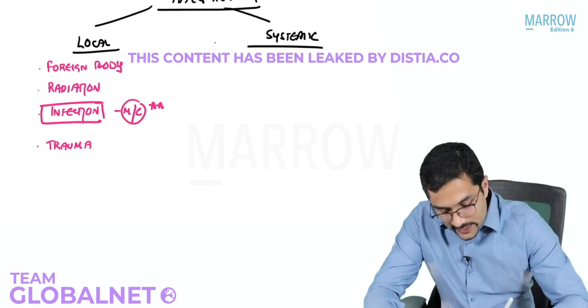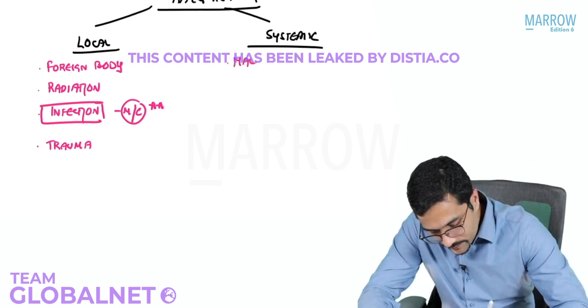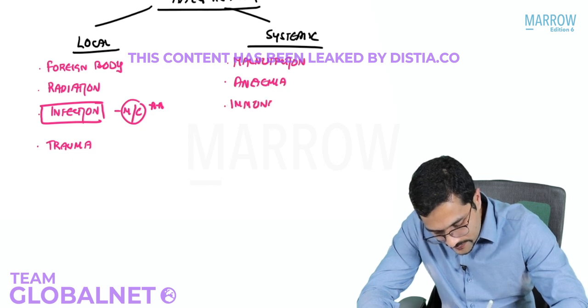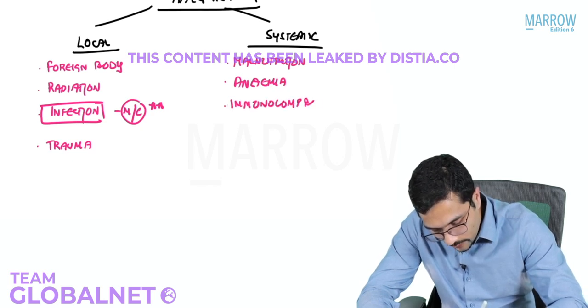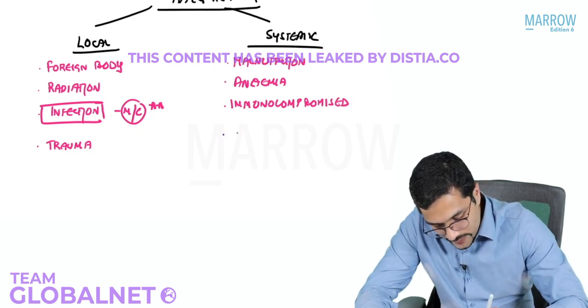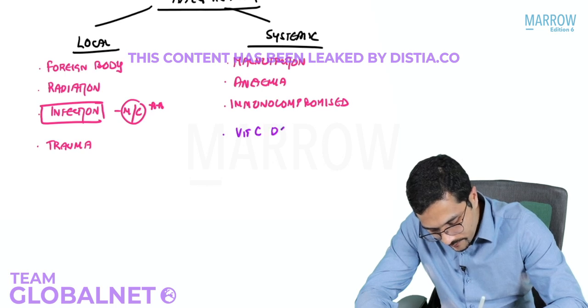Okay. The systemic factors: malnutrition, anemia, immunocompromised status. Two more things which I want you to know is vitamin C deficiency.